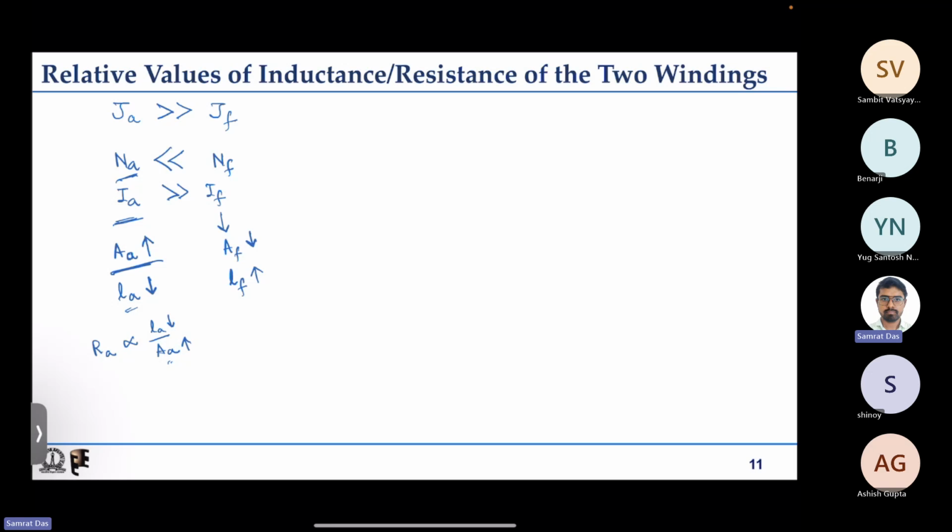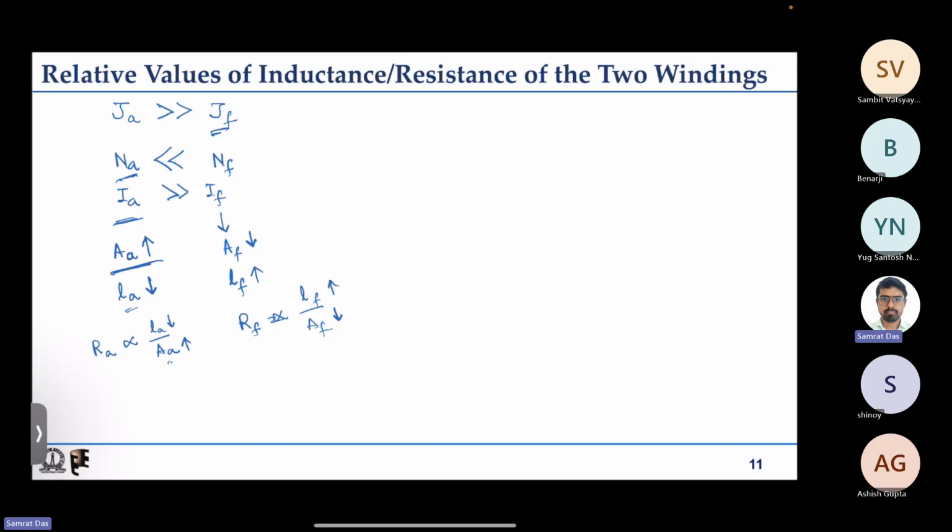On the other hand, RF is proportional to LF by AF. LF is quite big because we have a lot of turns, so the length is quite big, and AF is quite small because we need not carry a lot of current, so current density is quite low.